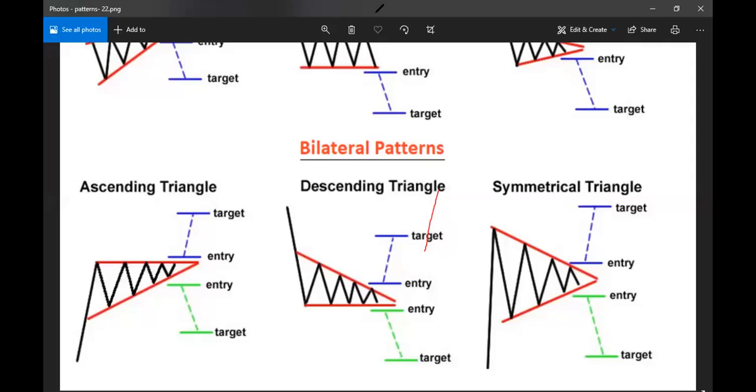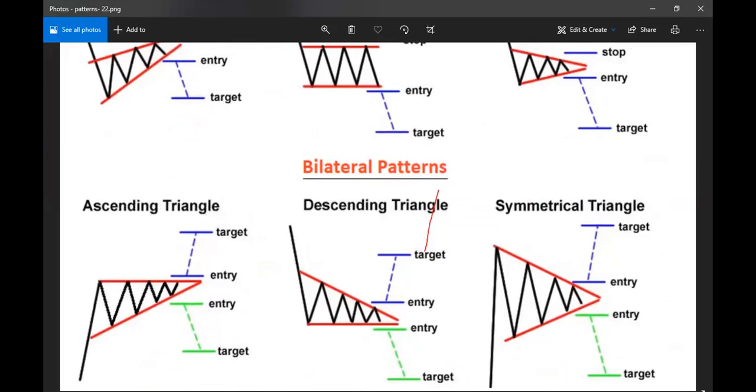When you see an ascending triangle in this format, you see how the plotting is. You wait for a breakout, whatever direction the market breaks, that is the direction you trade. They are all triangles, different shapes of triangles. It's just the names that might be a little bit confusing. In whatever direction you see these triangles forming, you need to know that they are bilateral. They can go either way.